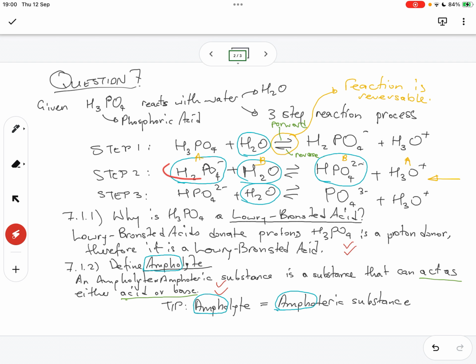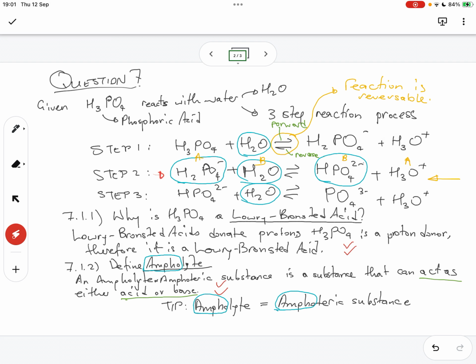When it acts as an acid, it reacts with water and gives us HPO4 2 minus plus H3O plus. So yes, your guess was correct that H2PO4 minus is an acid.